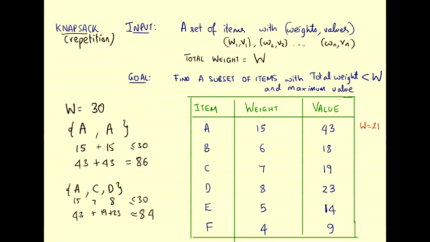If you had gold and silver and platinum, you'd just pick platinum because it's most value per weight, if you could pick fractional amounts. So if you could pick fractional amounts, this problem is kind of easy because you just pick the one which has most value per weight, clearly.